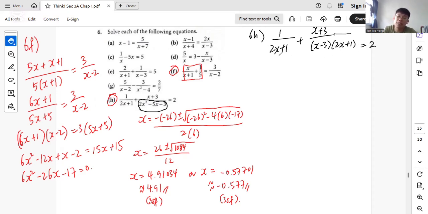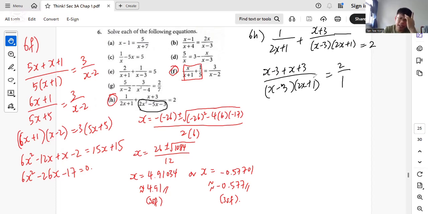So now the left fraction's denominator is just 2x plus 1. It's just the x minus 3 missing. So I just multiply x minus 3 to this denominator and this numerator. So I have (x minus 3 plus x plus 3) over (x minus 3)(2x plus 1) equals 2 over 1.